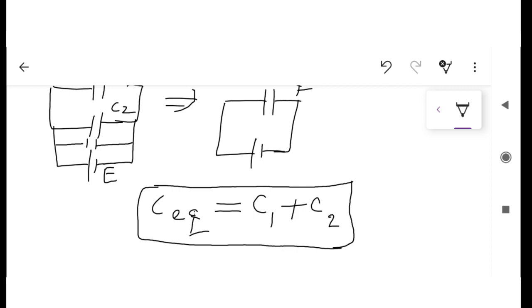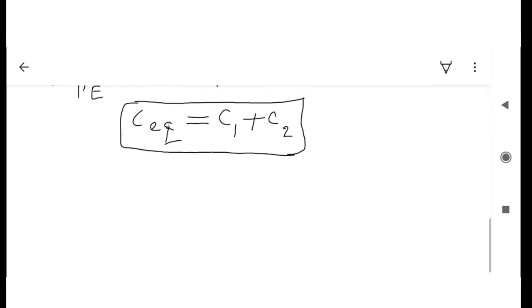Having covered the behavior of the charges when capacitors are connected in series, the very important thing now is the behavior of the charges when capacitors are connected in parallel. Here's something you have to know.